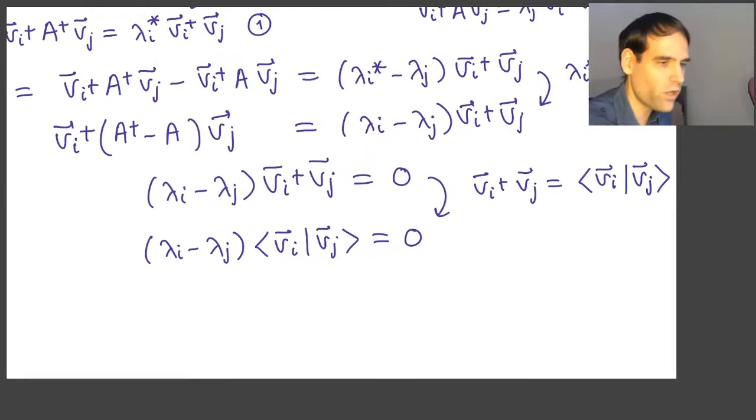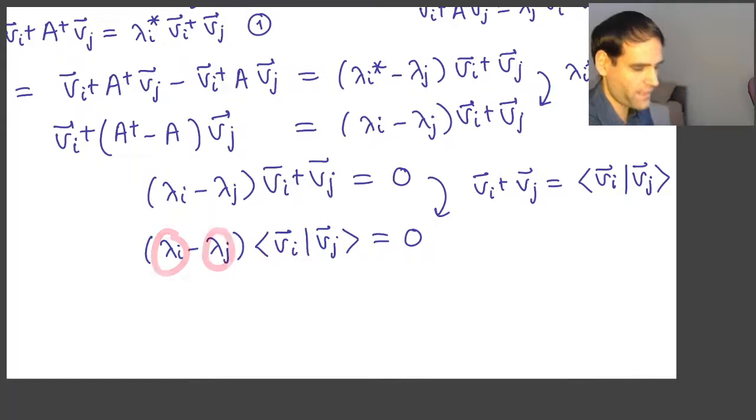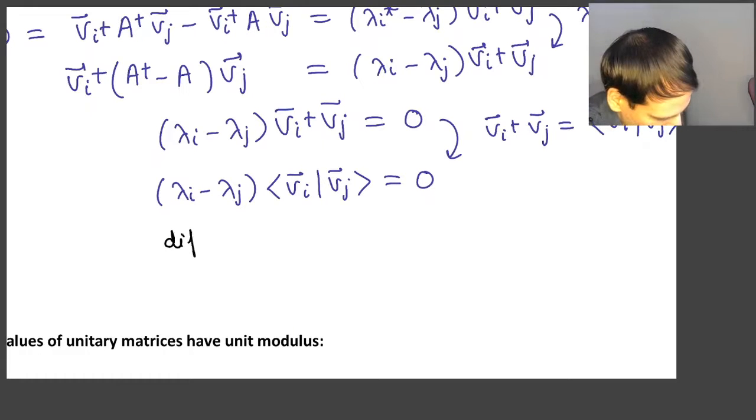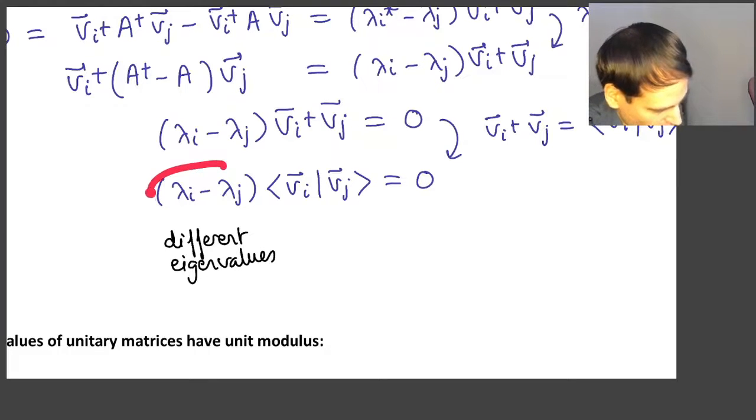Okay, so this must always be true for any two eigenvectors v_i and v_j, and for any two eigenvalues lambda_i and lambda_j. So now you can see that if lambda_i is different to lambda_j, so different eigenvalues, then this is not equal to 0.